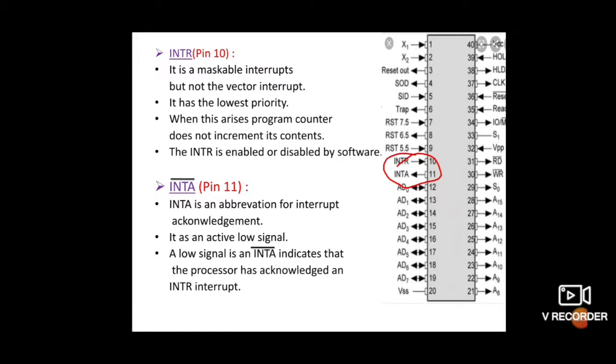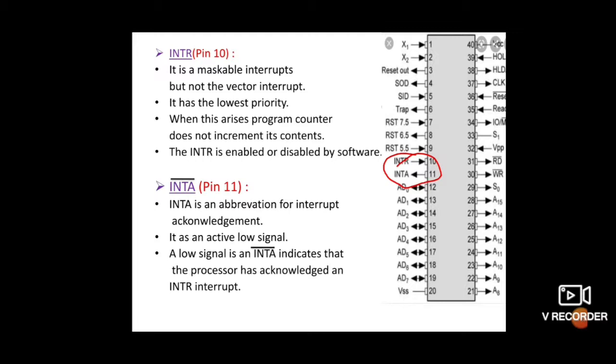When this interrupt arises, the program counter does not increment its contents. When the INTR signal arrives, the 8085 microprocessor completes its current instruction and sends an active low interrupt acknowledgement, that is INTA bar.